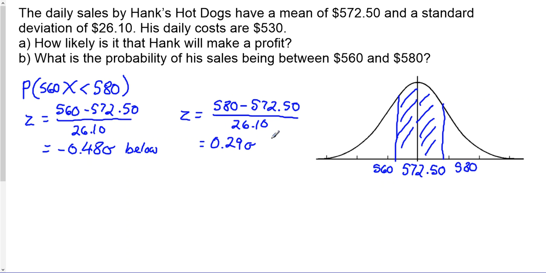Again, that's standard deviations, and this is above the mean. All right, we're going to take both of these z-scores and go to our table and look up the area.